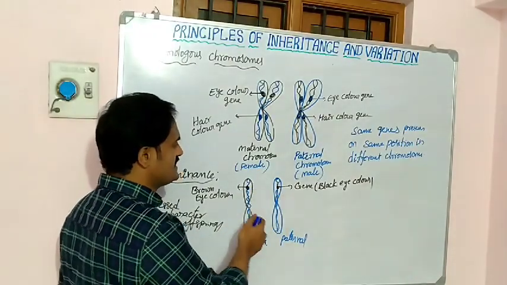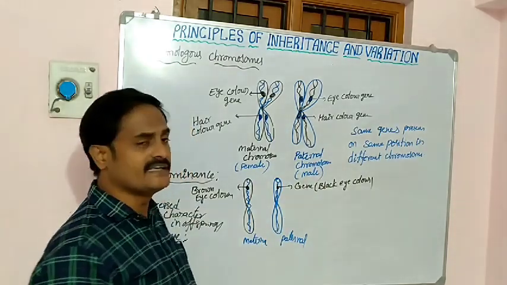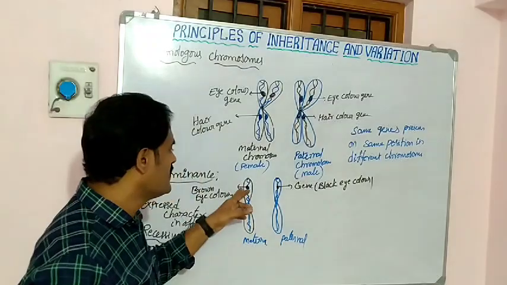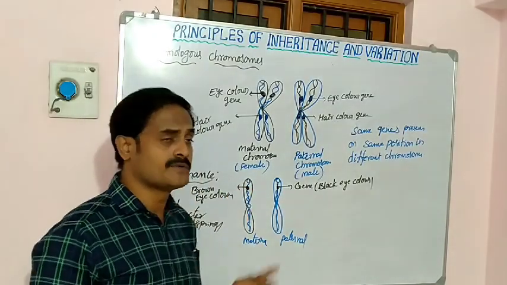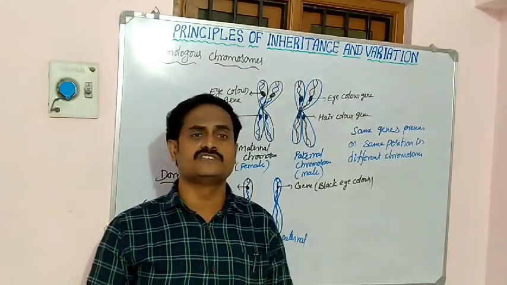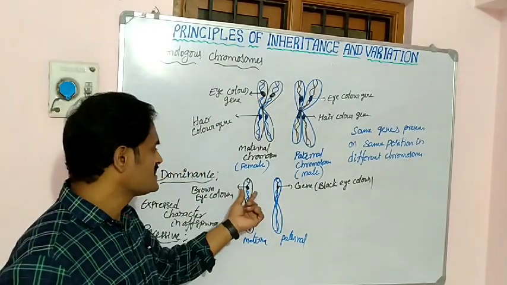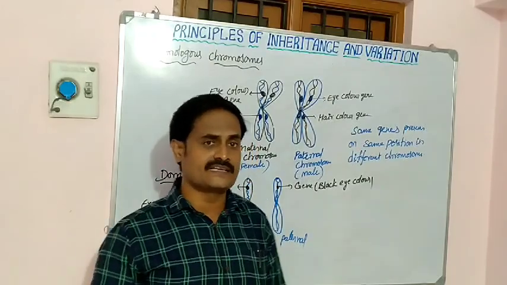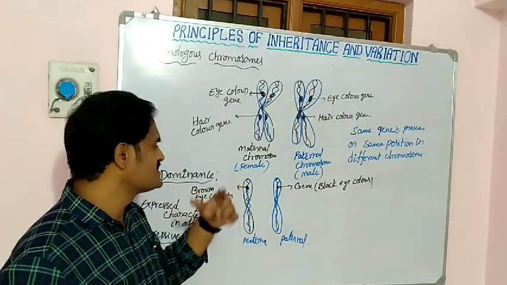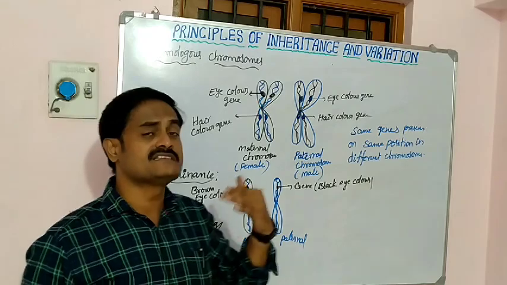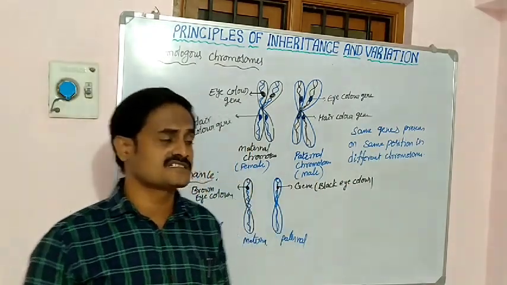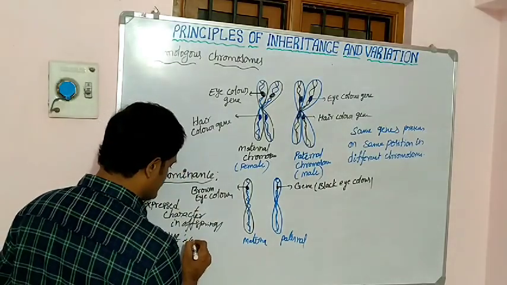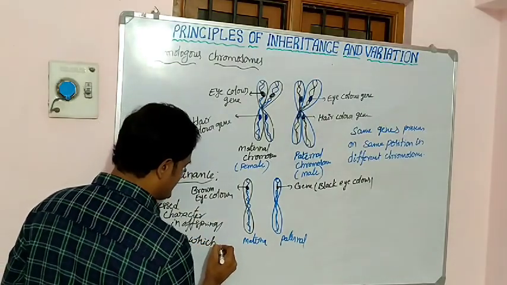In both genes, only the black eye color is expressed in the new offspring, but the brown eye color is not expressed in the new generation. For that reason, a character which is not expressed in the offspring is called recessive.